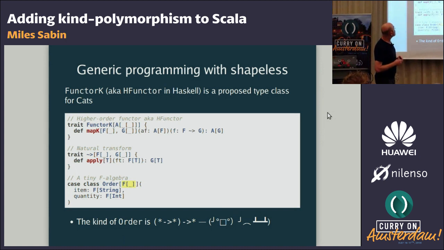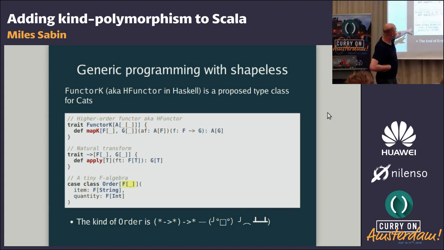This is something called a higher order functor. I think the Haskell version of this that you see people playing around with is called H functor. Basically, it's the kind of thing that will take, if you see the definition of an order type here, an order parameterized by an f.